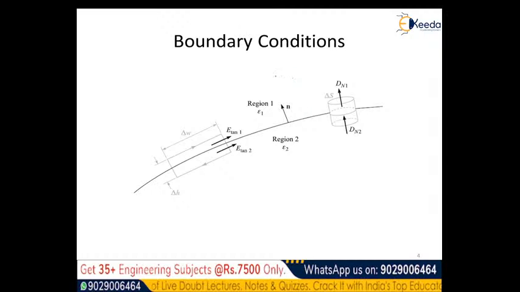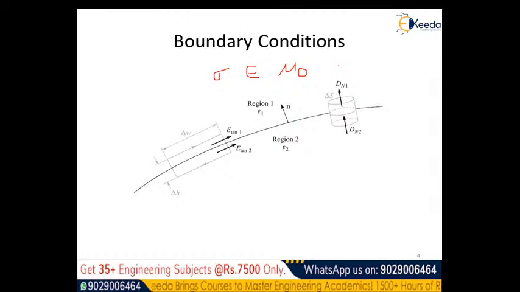As already discussed, the material can be described by three parameters: sigma, epsilon, and mu. As we are talking about dielectrics, there is no magnetism associated with the two material mediums, so mu will be equal to mu 0.